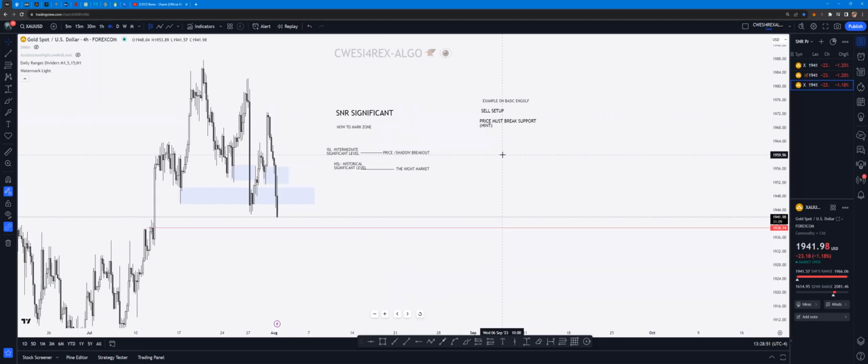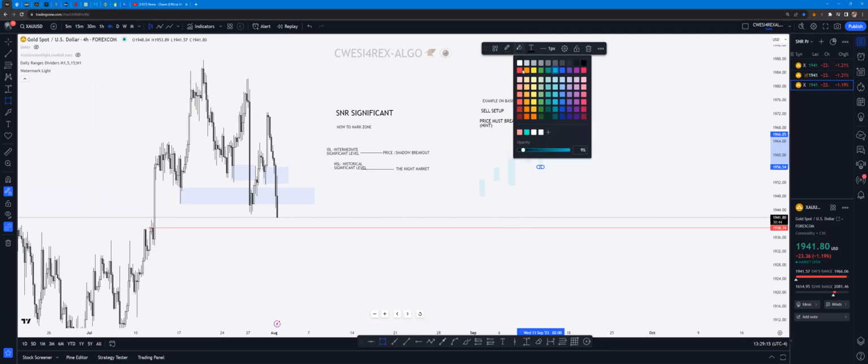So we have this bullish candle, then this bullish candle, and we have the bearish engulfing over here.